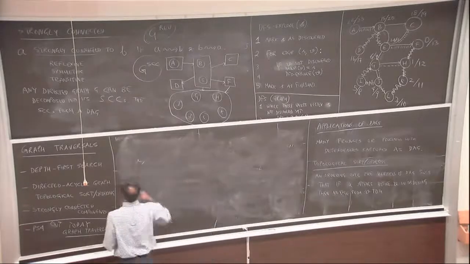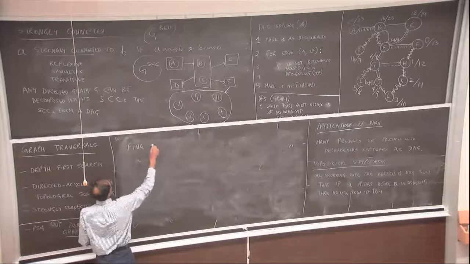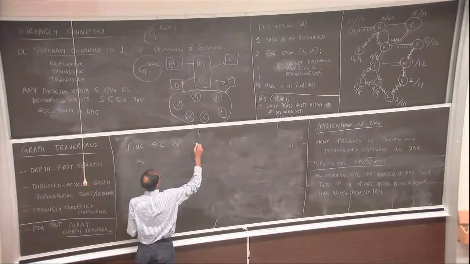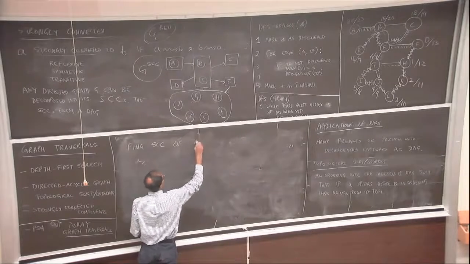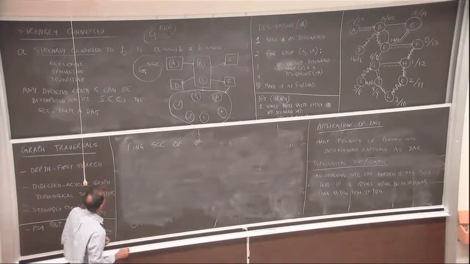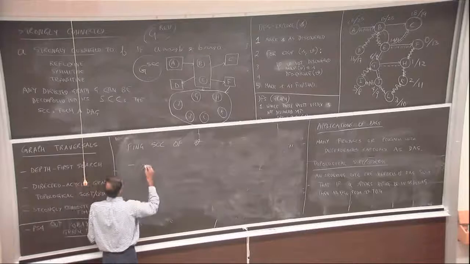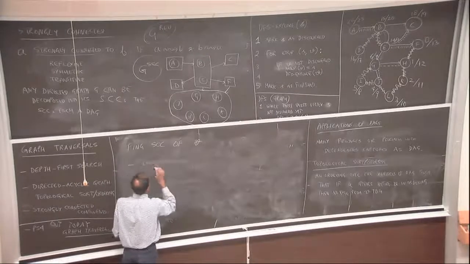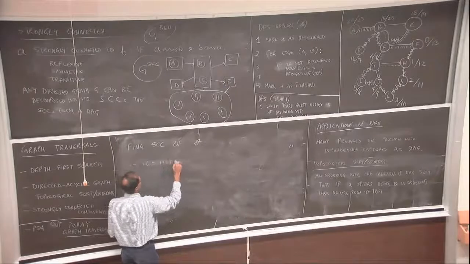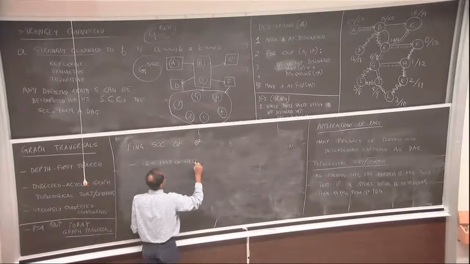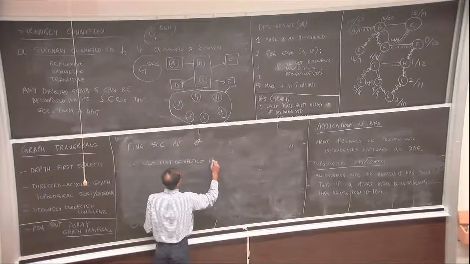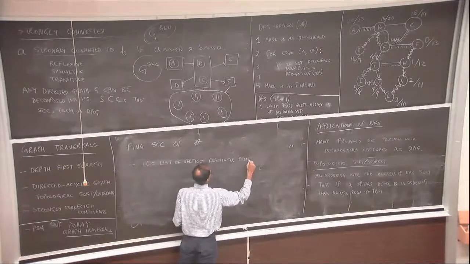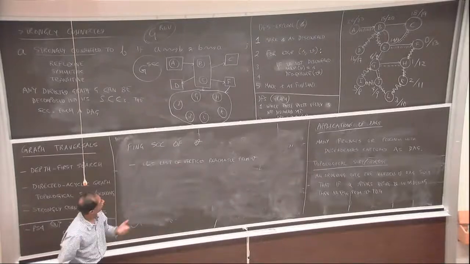So if my goal is to find the strongly connected component of, let's say, vertex V, what do I do? Let's say L1 is the list of all vertices reachable from V. How do I obtain that?